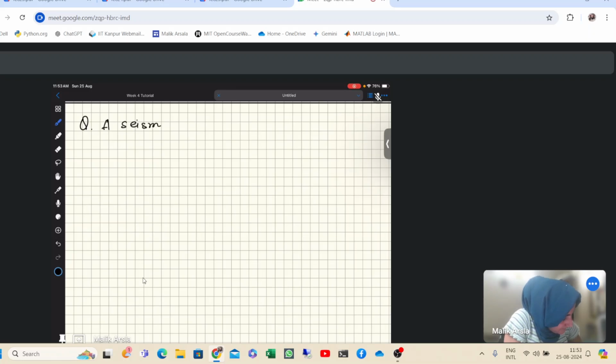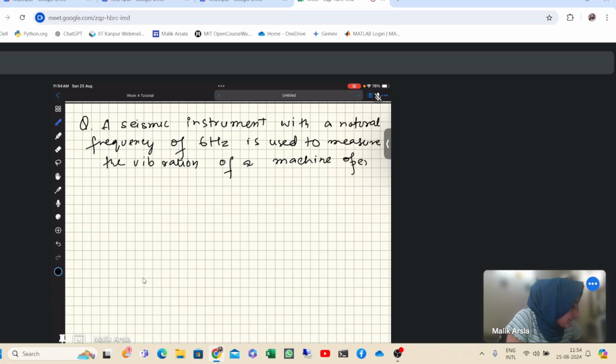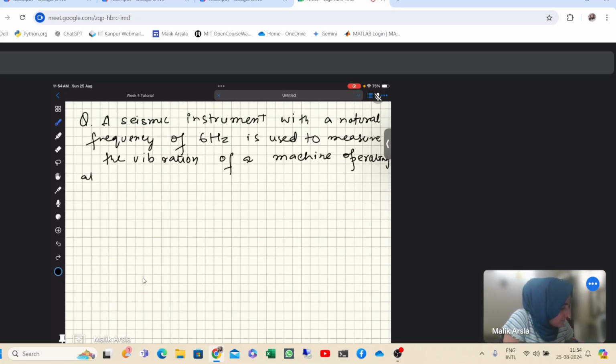A seismic instrument with a natural frequency of 6 Hz is used to measure the vibration of a machine operating at seismic instrument. Sorry, this is not the question. Let me erase it.